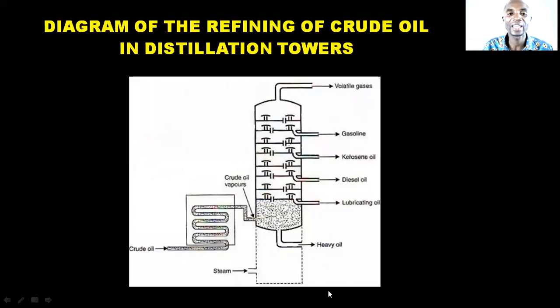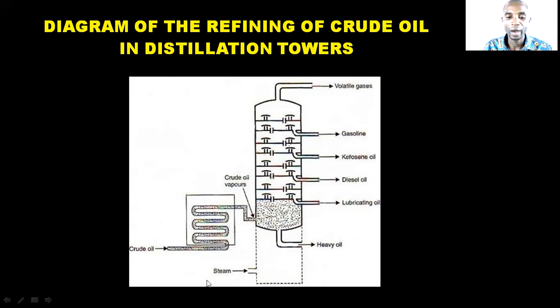Okay, now look at a diagram of a fractionating tower. We have it in fractional distillation. So look at it. The crude oil is being heated, and it enters through this particular place in the tower.